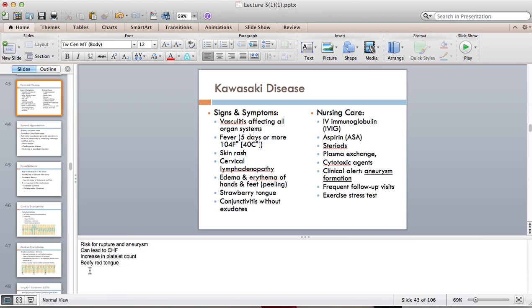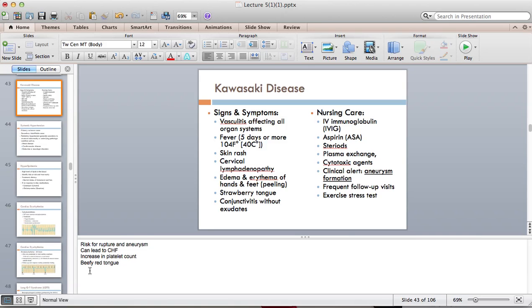The eye is swollen and red with no discharges, so that is conjunctivitis with no discharges. And then you can also see the rash or the cervical node swelling. That's what you notice.